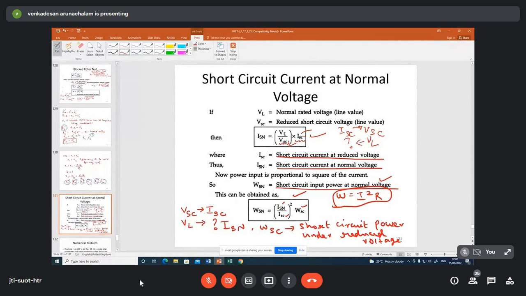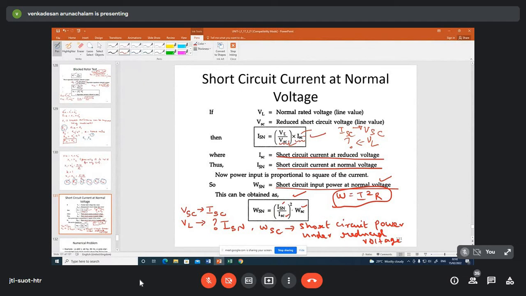Similarly, you can find the short circuit power also. Short circuit power is ISN by ISC the whole squared into WSC. Short circuit power is nothing but the copper loss only. Under normal short circuit condition, copper loss is WSC.